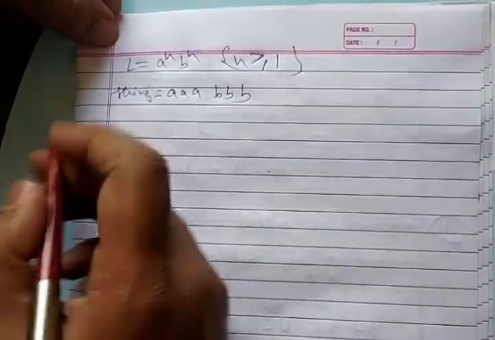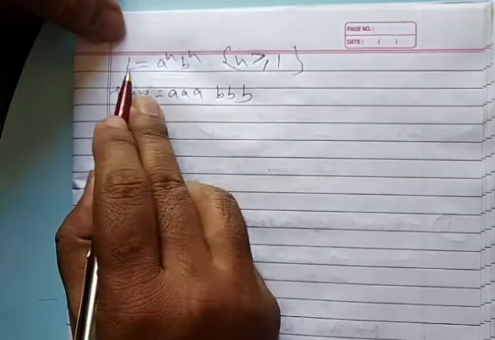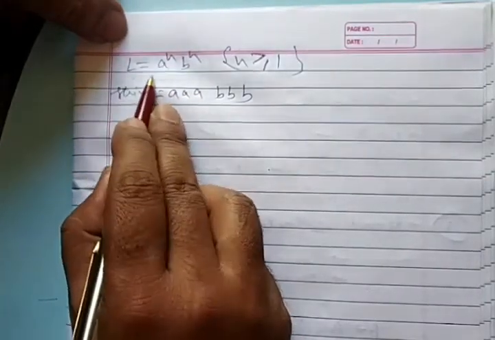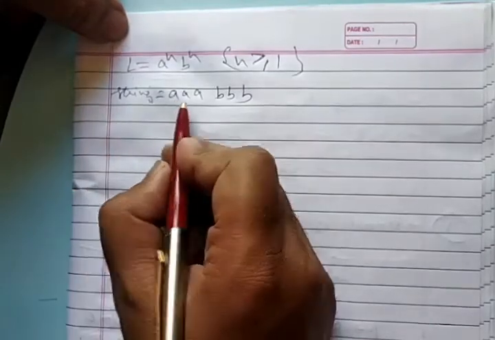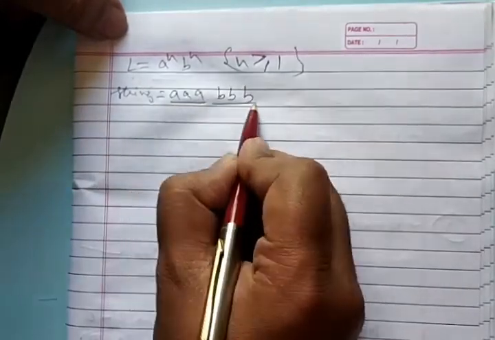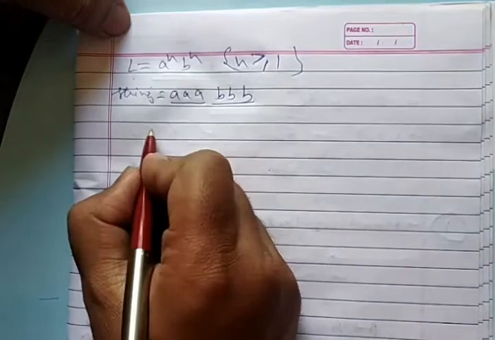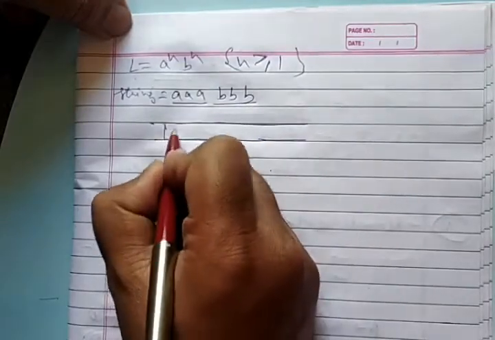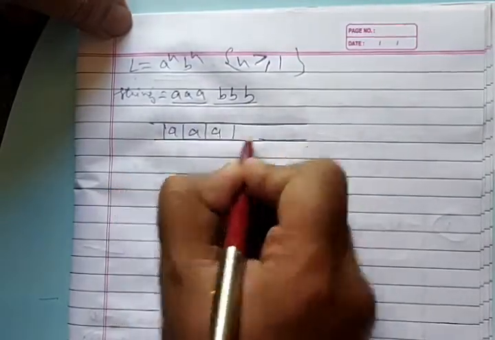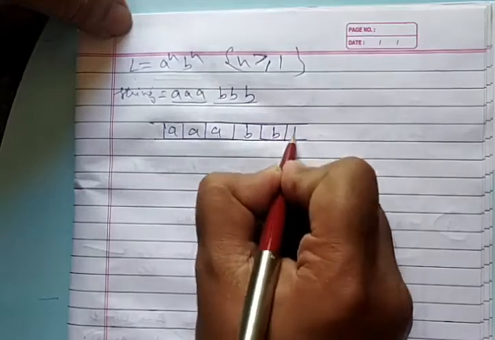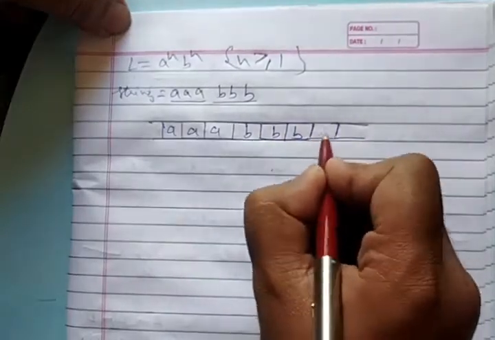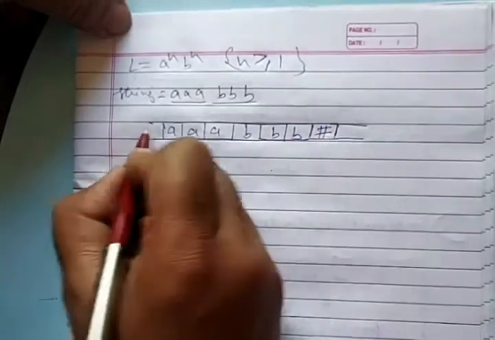So I have taken one example here which I had picked in our previous lecture, and language L is equal to a to the power n b to the power n. I have taken one string, triple A triple B, and I want to process this string in my PDA. So let's insert this A, A, A, B, B, B. This is blank.